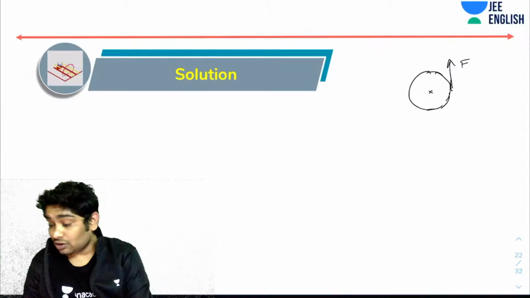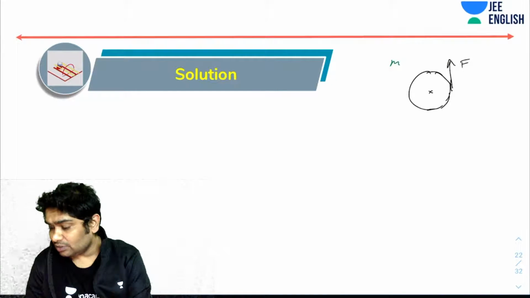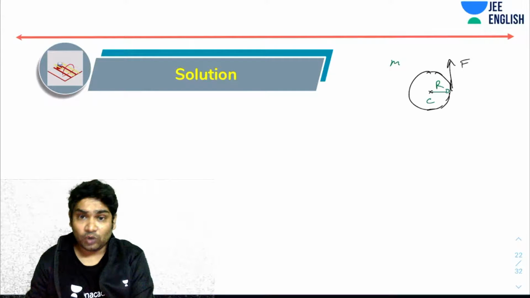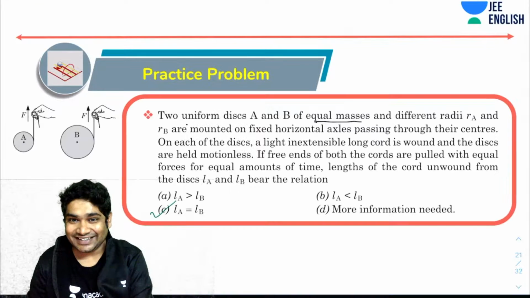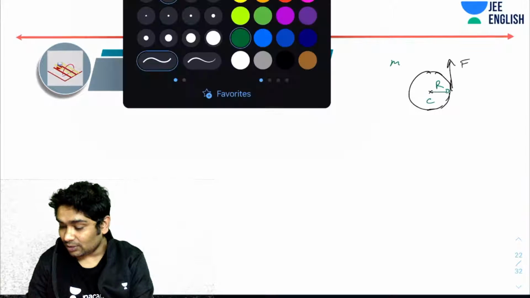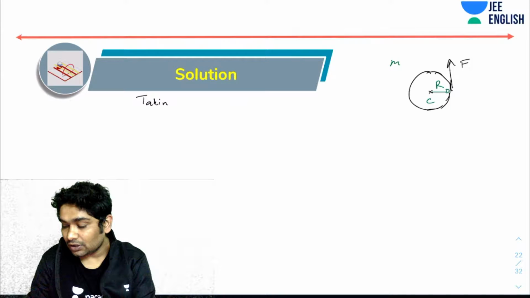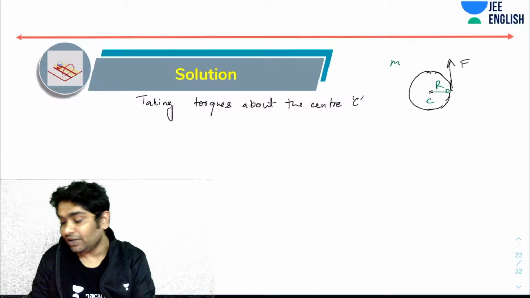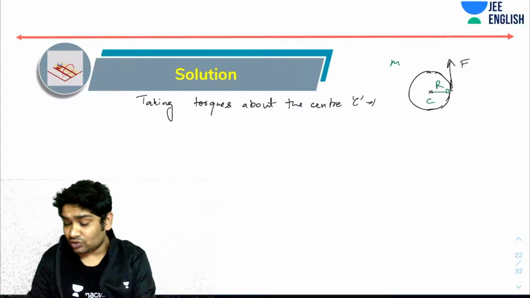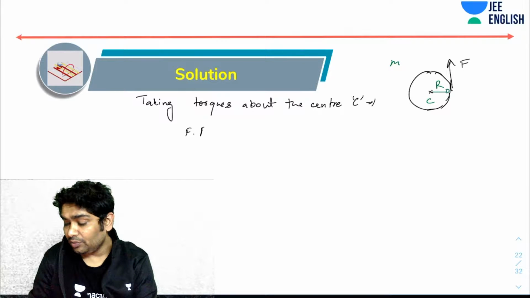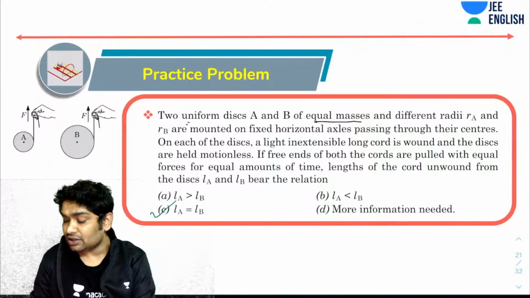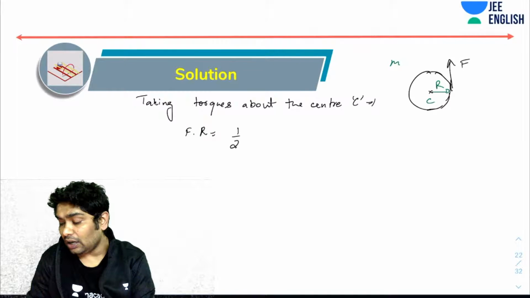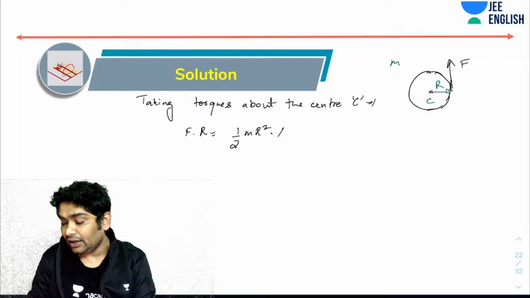Now let's talk about this. Assume that the mass is M and the radius is R. If you take torques about the center, what will you get? This one is C only. C is the correct answer. So taking torques about the center, I have only one torque, that is due to F. So F times R would be equal to, and this is a uniform disk, 1 by 2 M R squared times alpha, correct?